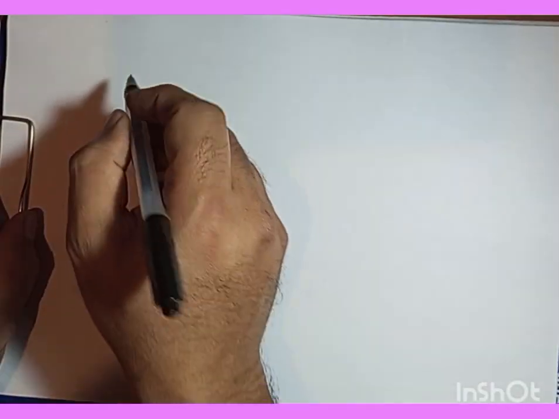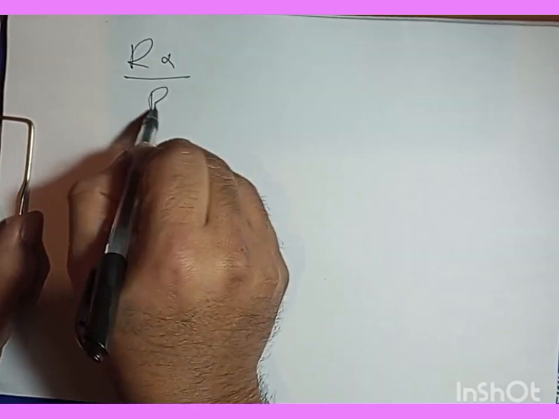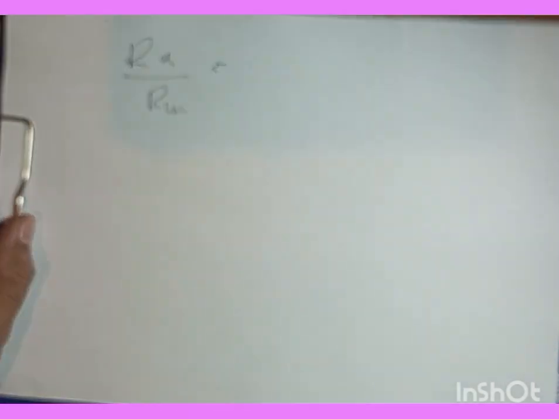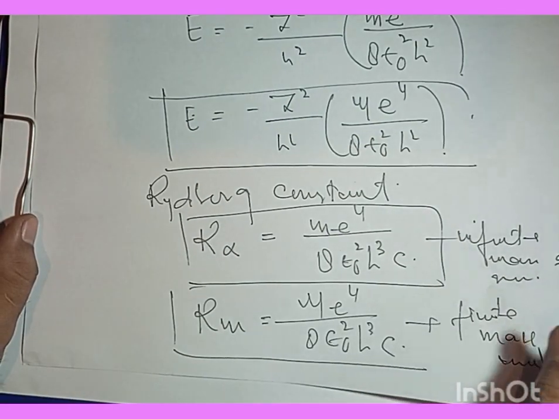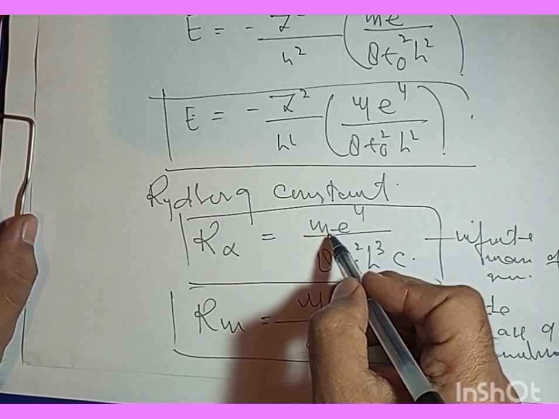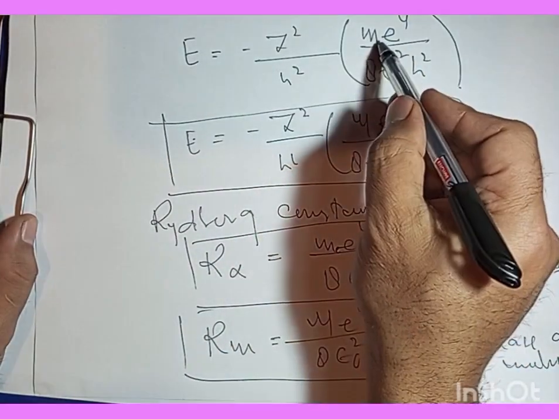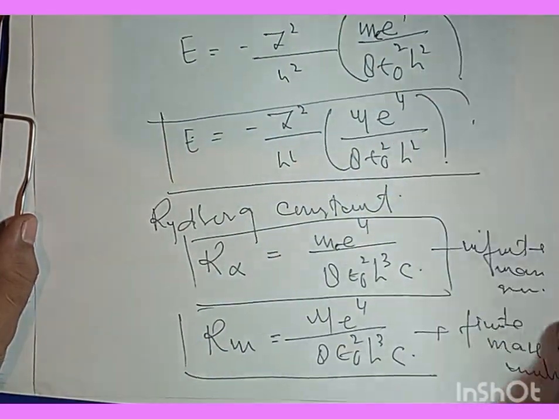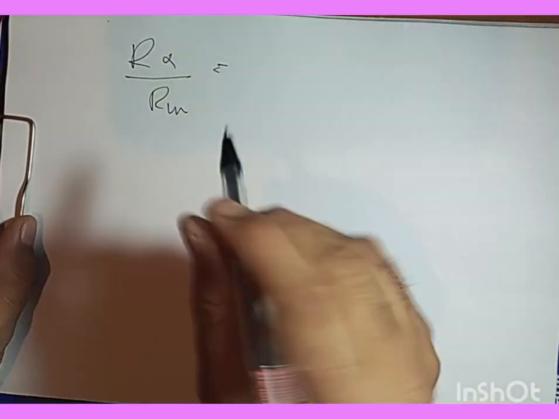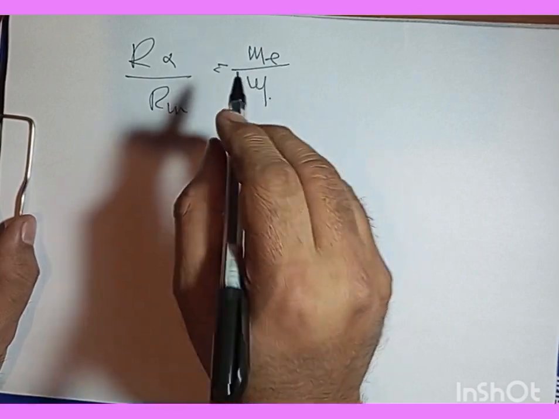Now, if we take the ratio between these two, dividing the two will give me R infinity by Rm. Every term here is the same. All the terms are going to cancel, and we will be left with the mass of the electron and the reduced mass. So I'm going to write here mass of electron divided by mu.